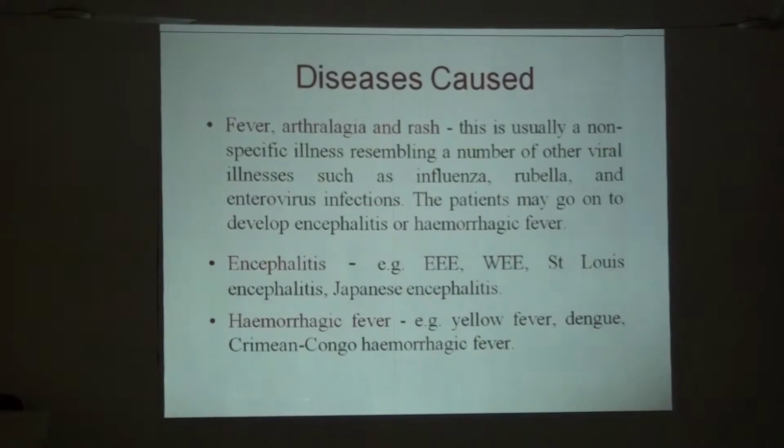Then the diseases caused by the arboviruses. Many diseases are produced by arboviruses, but the most common is flu-like symptoms, similar to those of influenza, rubella and enterovirus infections. But the patient may go on to develop encephalitis or hemorrhagic fever. Second is encephalitis, and third is hemorrhagic fever, like in yellow fever, dengue and Crimean-Congo hemorrhagic fever.